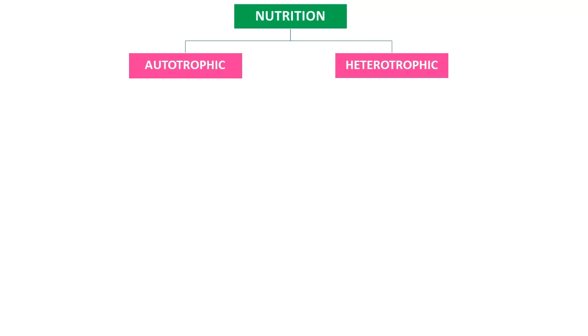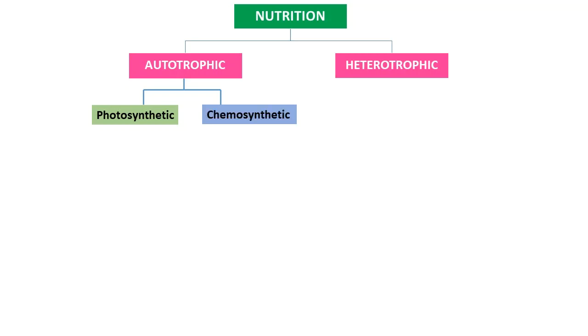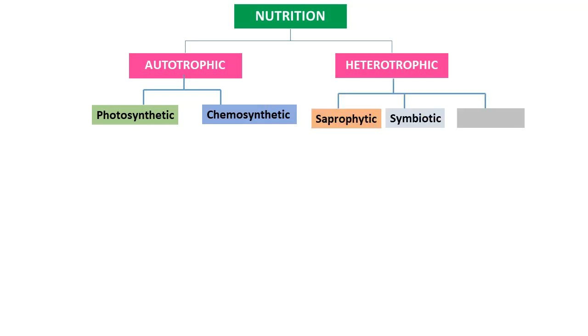Autotrophic bacteria further can be categorized into photosynthetic autotrophs or the chemosynthetic autotrophs. And the next is heterotrophic, further are of 3 types: saprophytic, symbiotic, and parasitic forms.